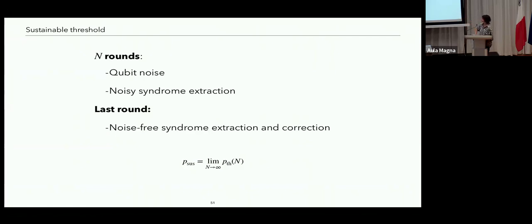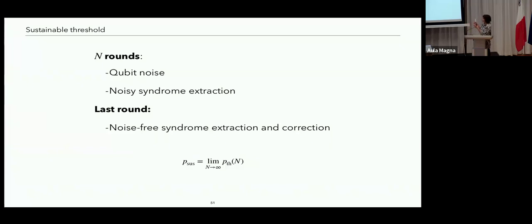Whenever you study the fault tolerance of your protocol, you need a definition of your noise model, but also a definition of success. So what does it mean to have a successful run of your algorithm?